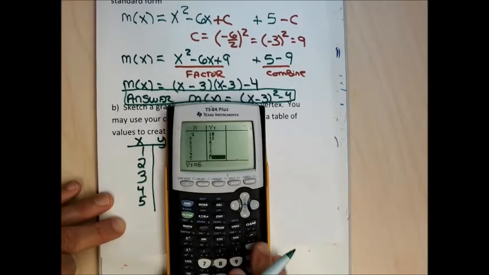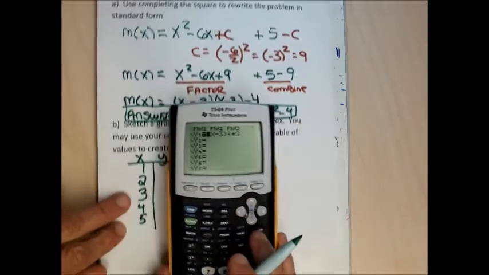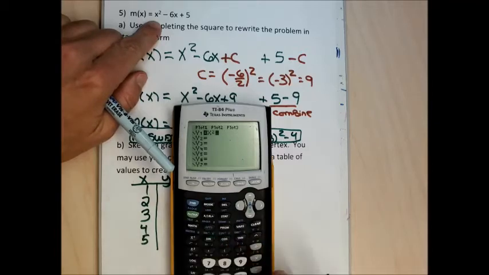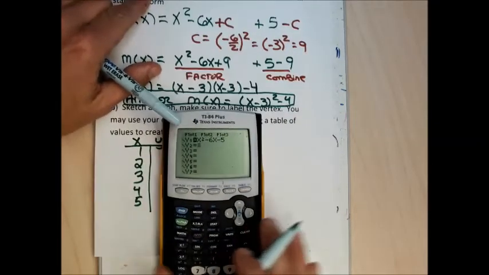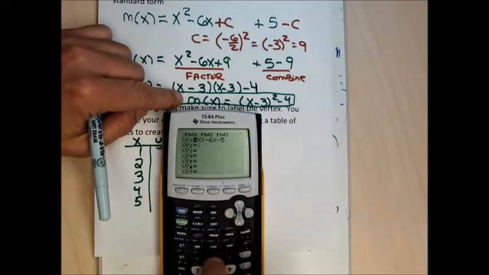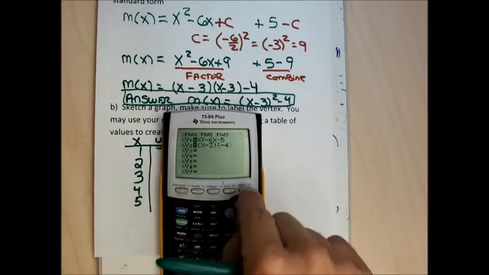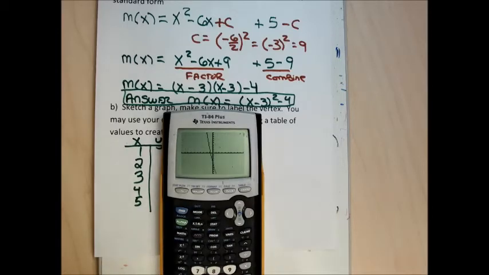To make sure I haven't made a mistake, into my y1, I'm going to enter the x squared minus 6x minus 5, and into my y2, I'm going to enter my answer, x minus 3 squared minus 4. If when I hit my graph button I only see one parabola, my answer to part A is right. If I see two parabolas, I've made a mistake in part A. And I might have to tweak this window a little bit.